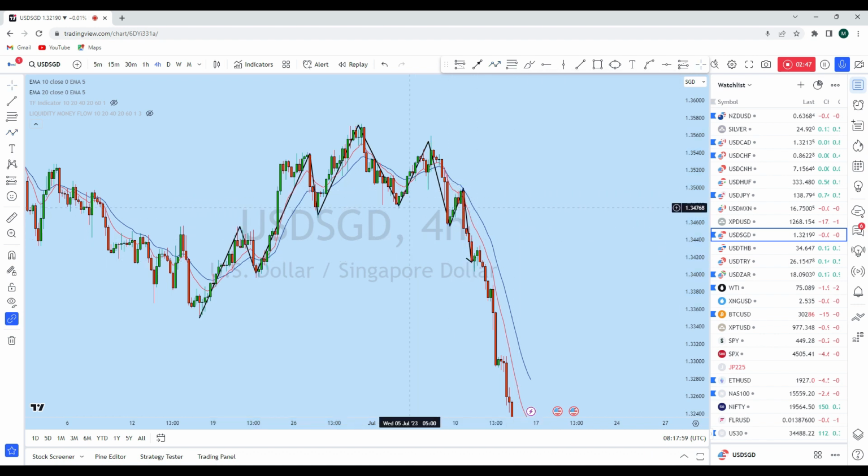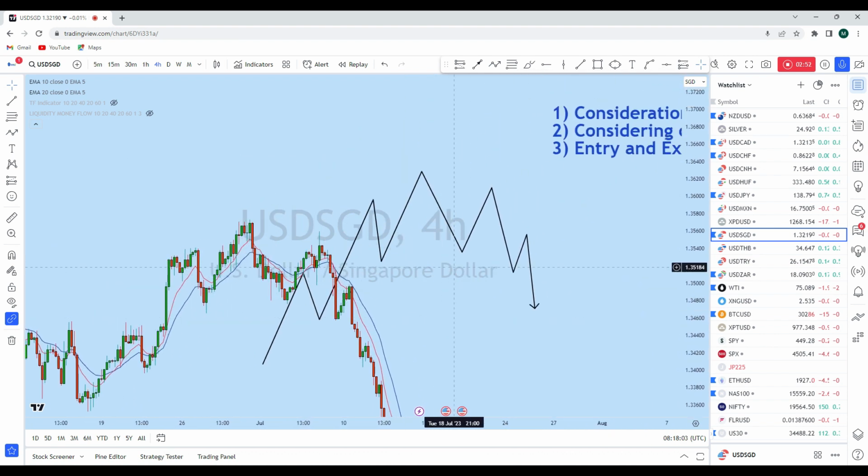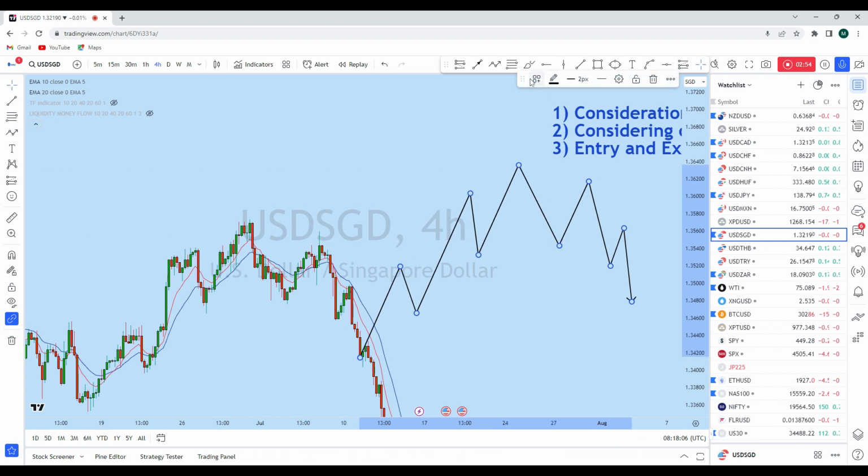Now, how do you read this market? If we separate this, in that area the market is creating a series of higher highs and higher lows, which is an uptrending market structure. When a market creates a series of higher highs and higher lows, it is in an uptrend.